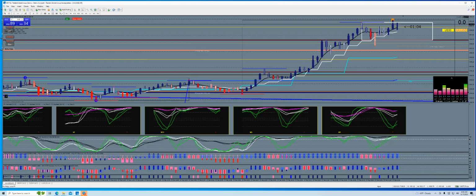Industrial production is worse. Prelim inflation expectations.